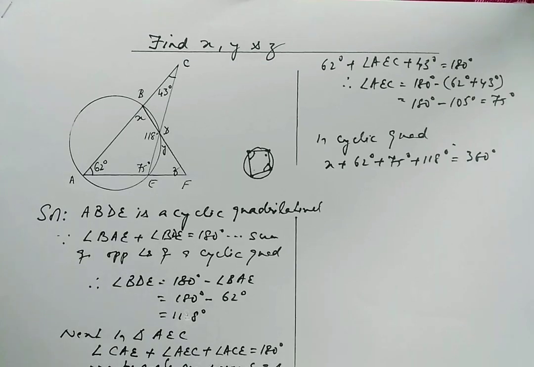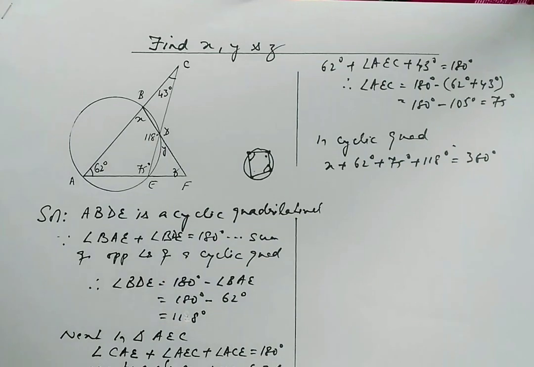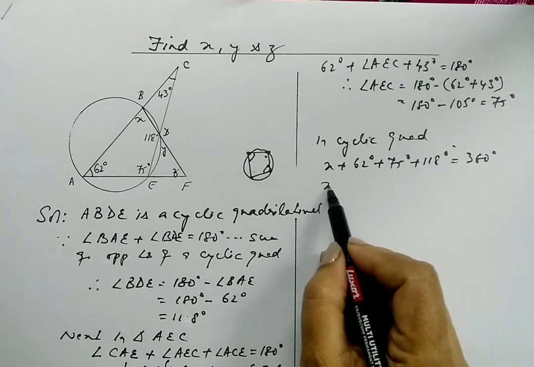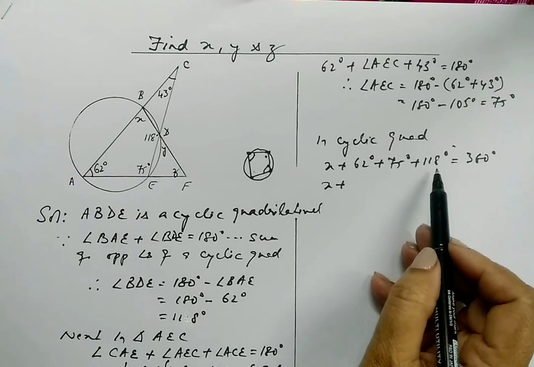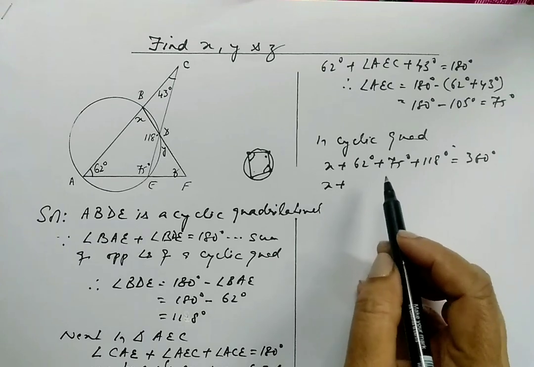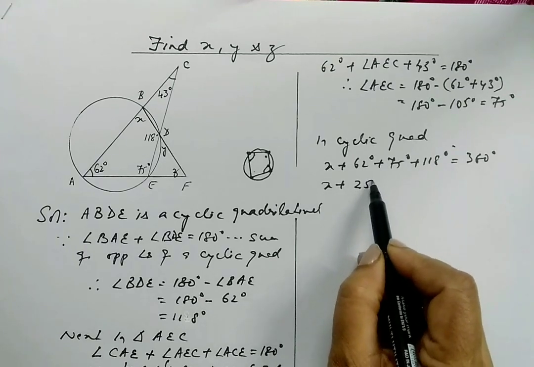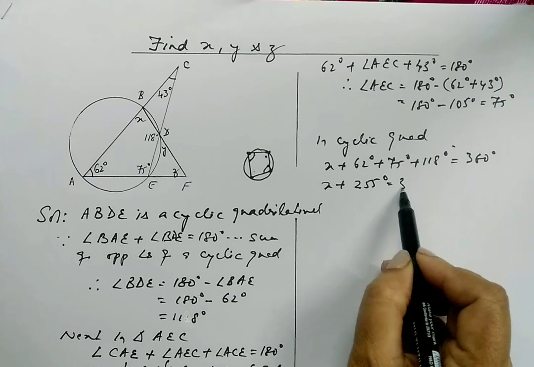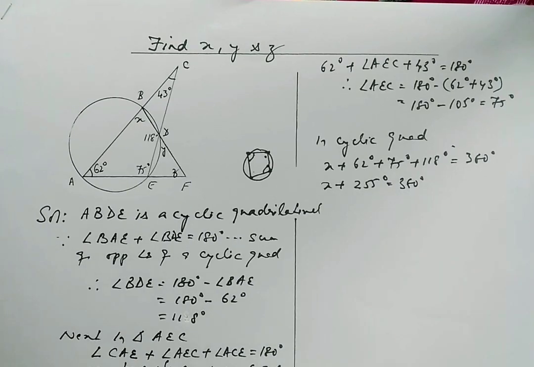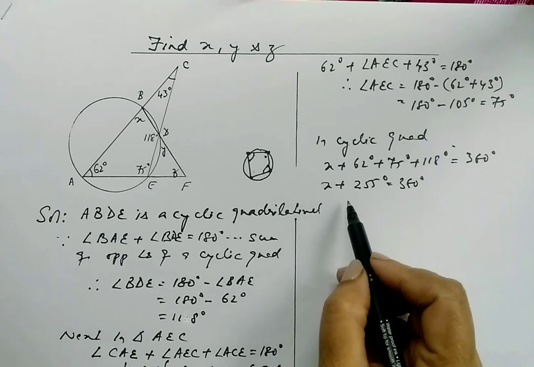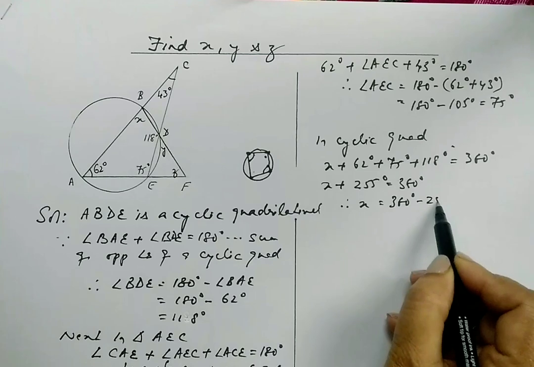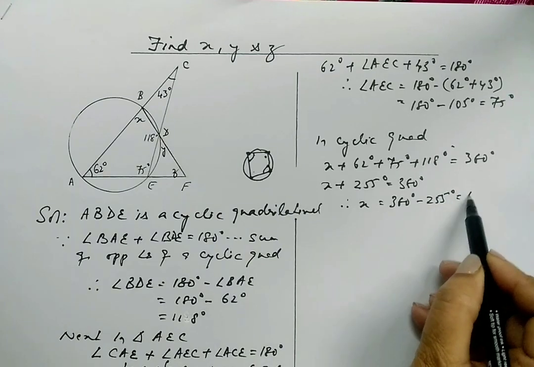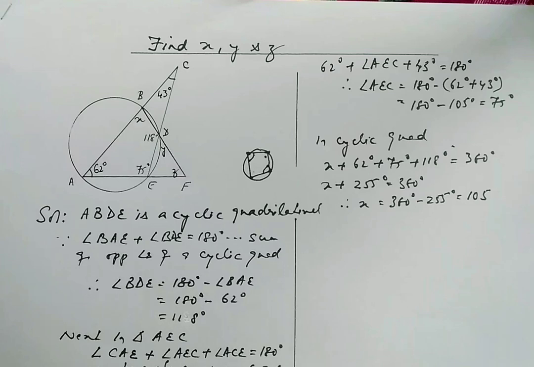Isn't it? Therefore, X plus this plus this plus this, 255 degrees, is equal to 360 degrees. Therefore, X is equal to 360 degrees minus 255 degrees, which is equal to 105 degrees.